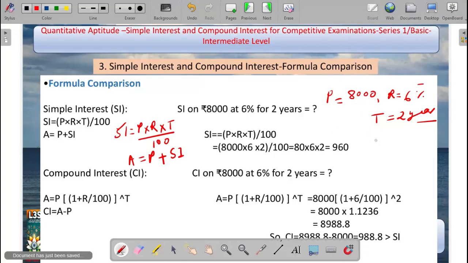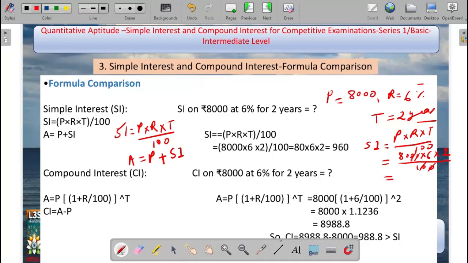Now simply we can find out by the formula PRT, P into R into T by 100. So it will be 8,000 into 6 into 2 by 100. So cancel this. So you will get 6 into 2, 12, 12 into 80, 960.